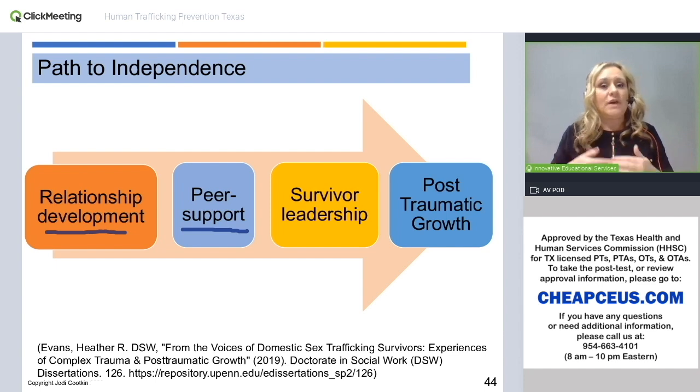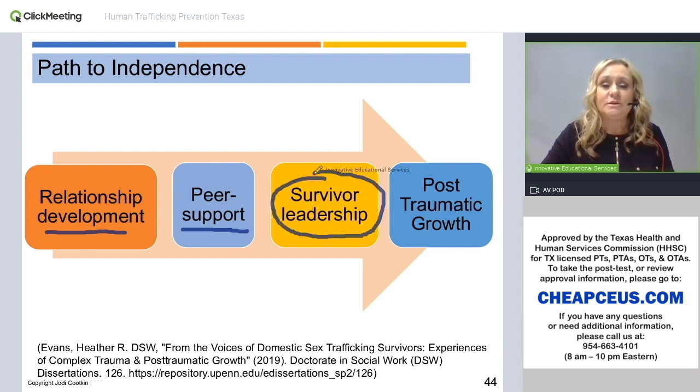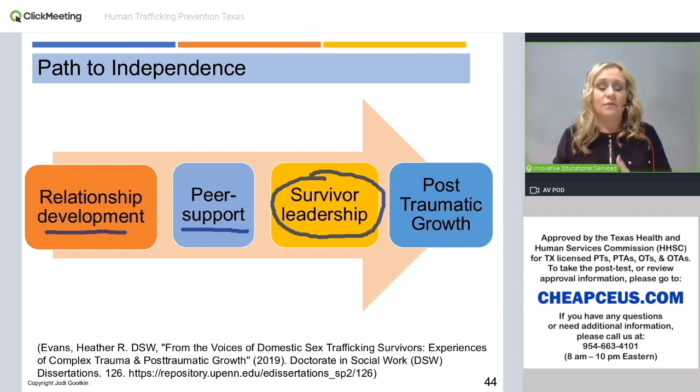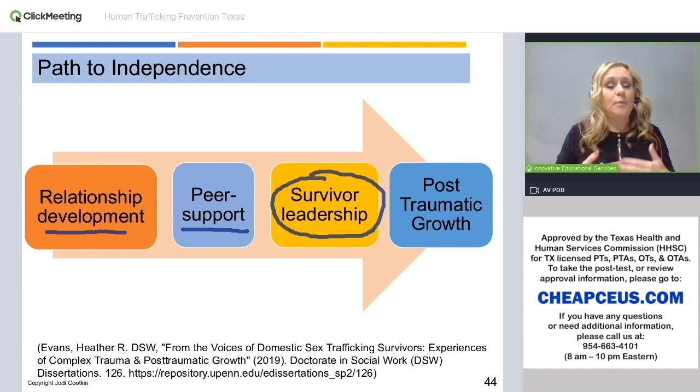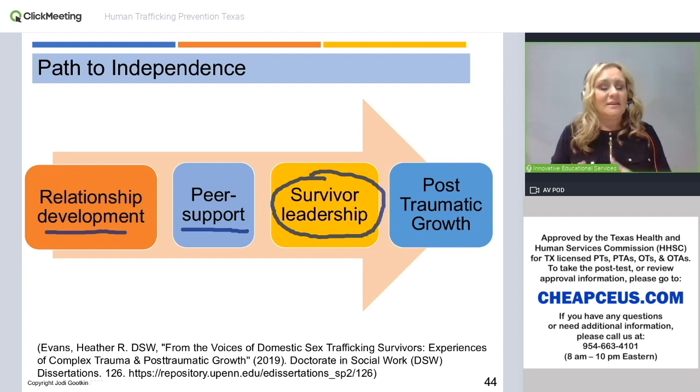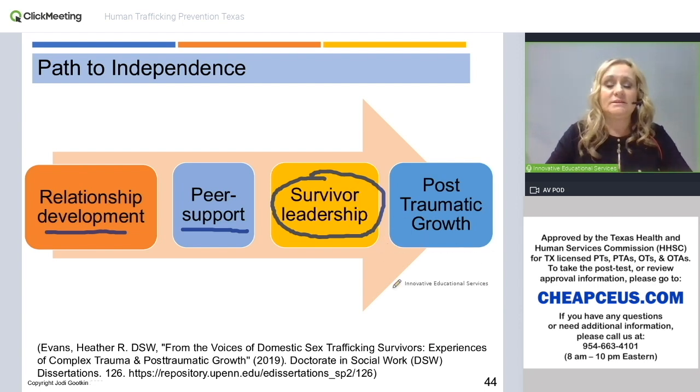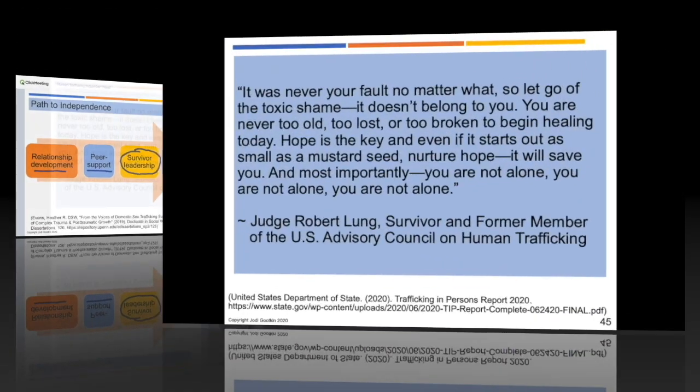So now that needs to be incorporated to serve as an instrument for healing. It's been recognized that survivor leadership plays a significant role in reestablishing a healthy life for the individual, that helping others helps that individual progress along their path, ultimately getting to that point of post-traumatic growth and establishing their new life.